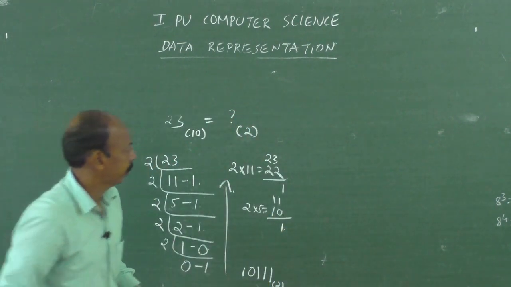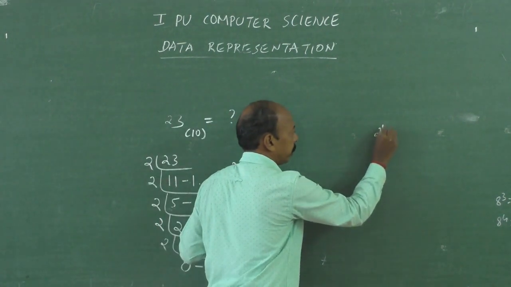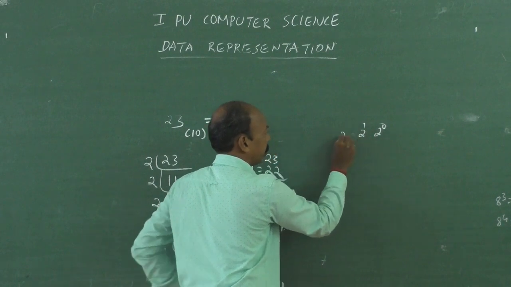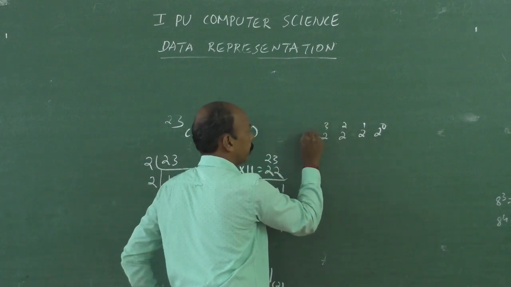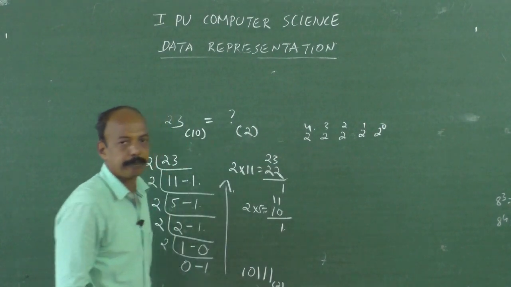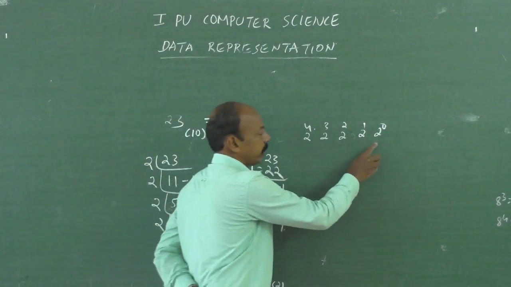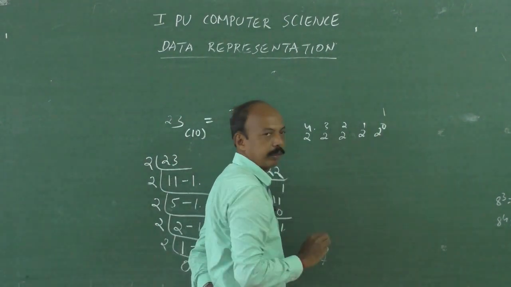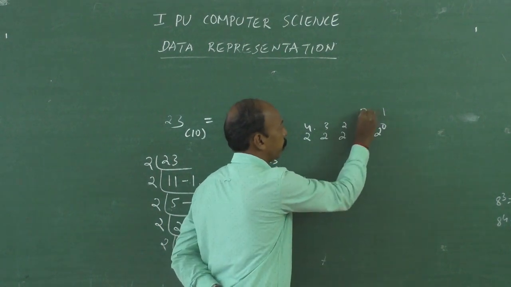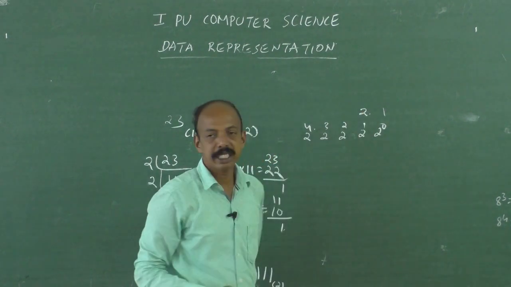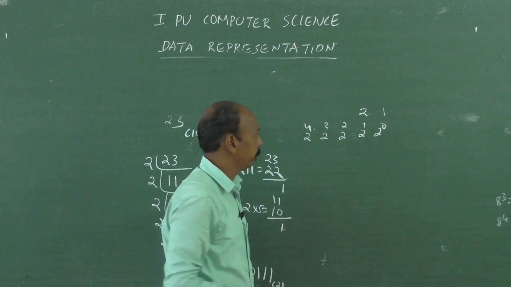How is that? That will be 2 to the power 0, 2 to the power 1, 2 to the power 2, 2 to the power 3, 2 to the power 4, etc. 2 to the power 0 is how much? It's 1. 2 to the power 1 is 2. 2 to the power 3 is 2 into 2 into 2, that's 8.